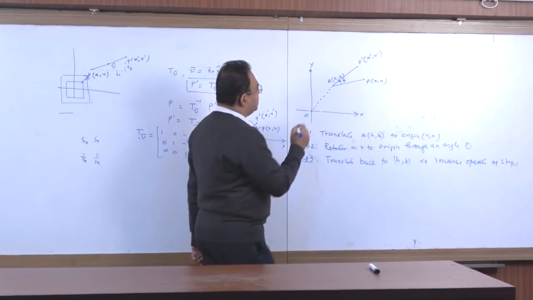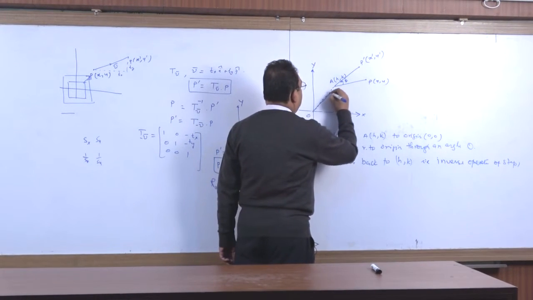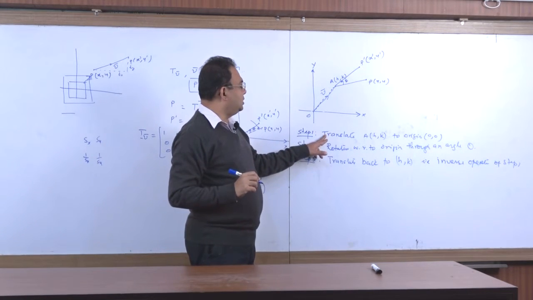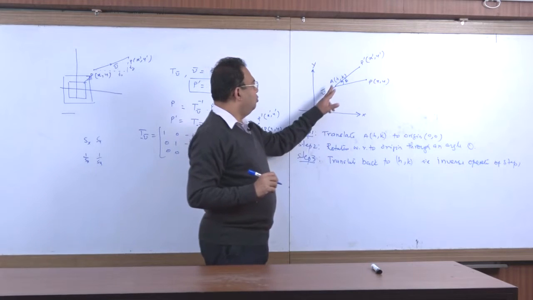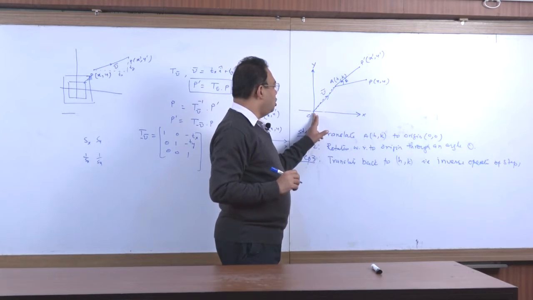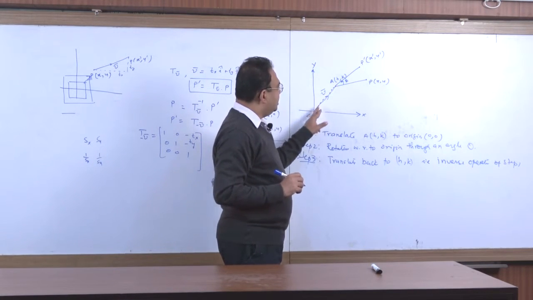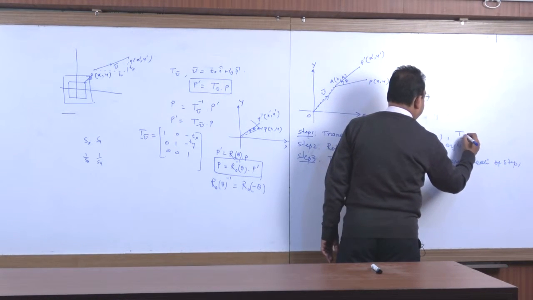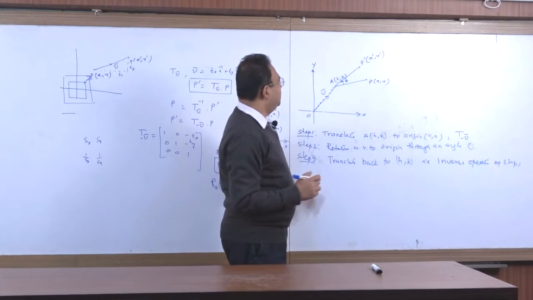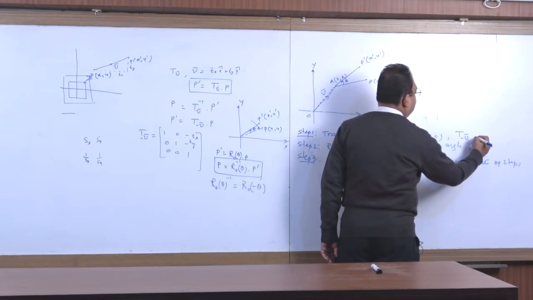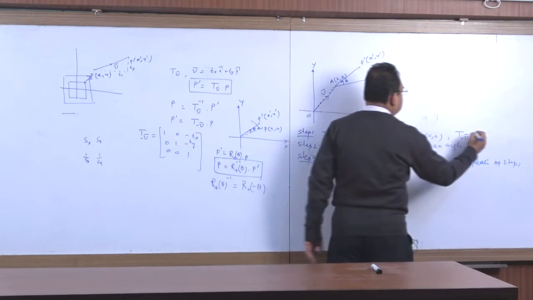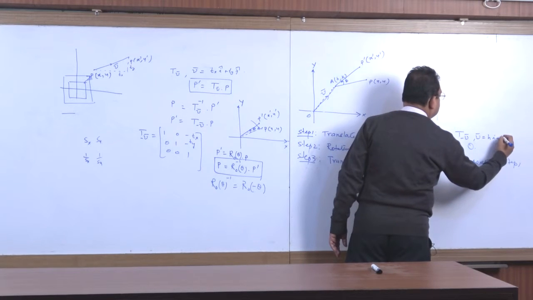So, if we consider this OA as vector V, we can call the operation in step 1, where we are translating A to the origin, opposite to the direction of V. So, we can call this transformation T minus V, because we have considered V as this one, that is, h i plus k j.